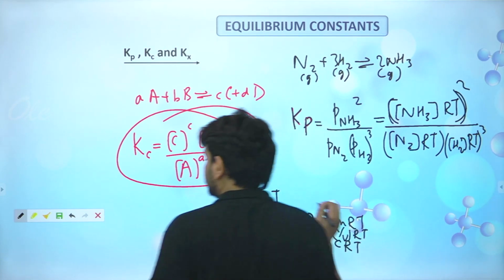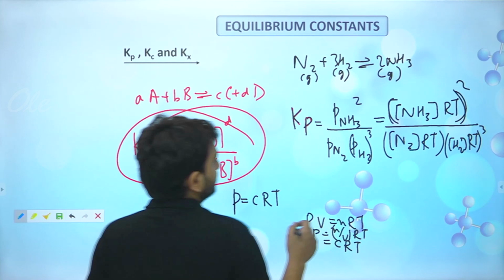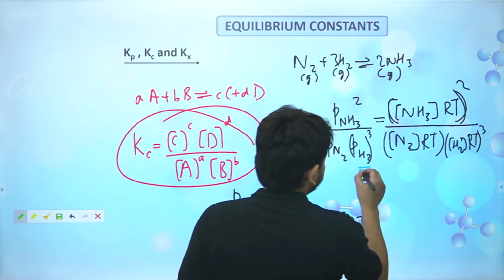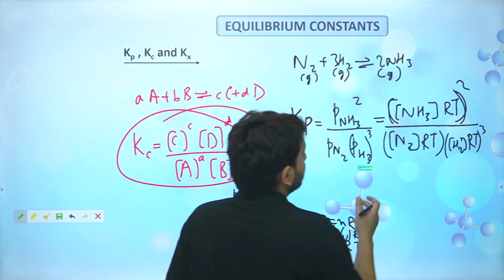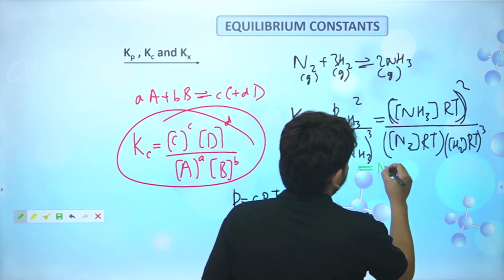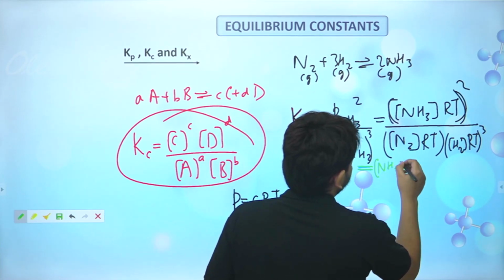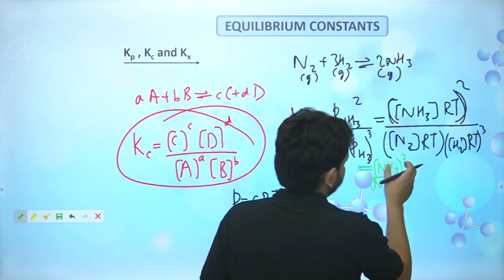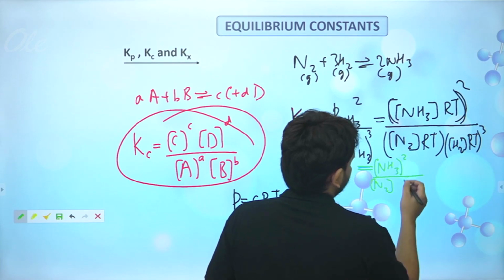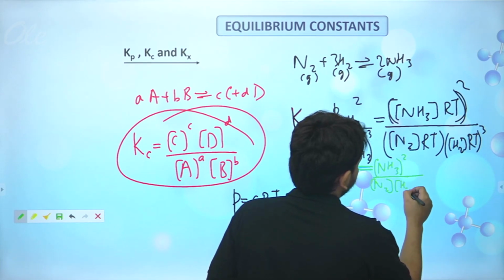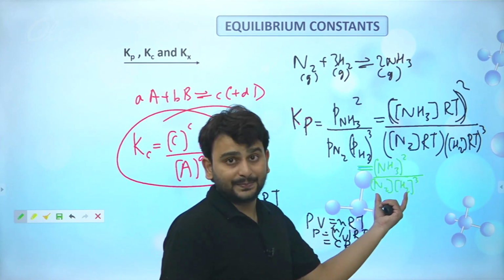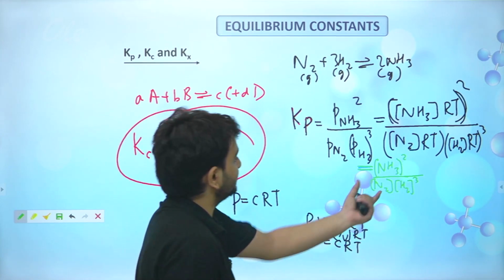If you notice, guys, I'll use another colored pen now. This would give us NH3 whole squared over N2, the concentrations raised to the power of the stoichiometric coefficients, and H2 raised to the power 3, which, you remember, was the Kc part itself.